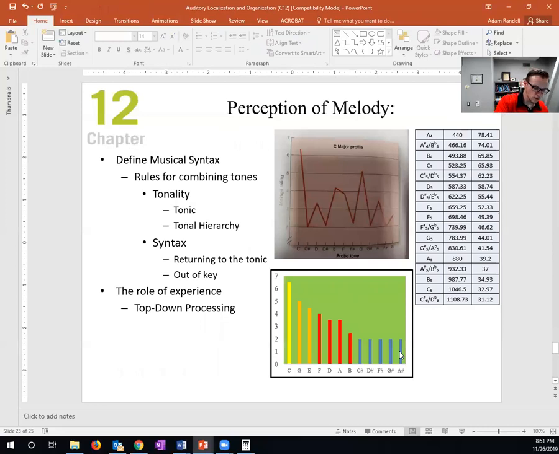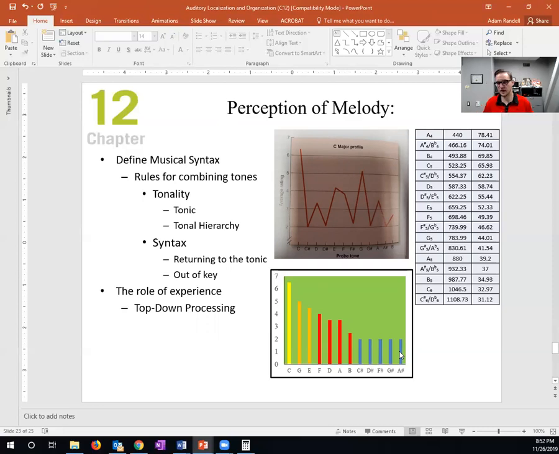Now, we also seem to use musical syntax, and so some of the way we organize language kind of translates into the way we organize music. In the same way that we have phrases in sentences, in music we have a syntax. A syntax is a set of rules for what kinds of phrases follow others.